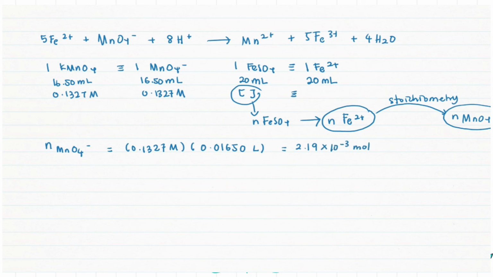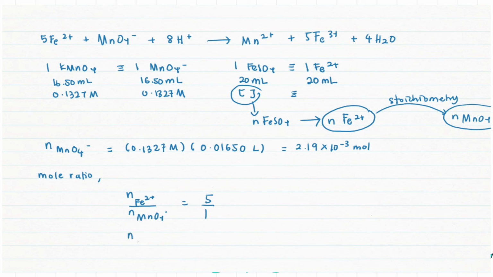By using the stoichiometric relationship, the mole ratio of Fe2+ to MnO4- is 5 divided by 1.